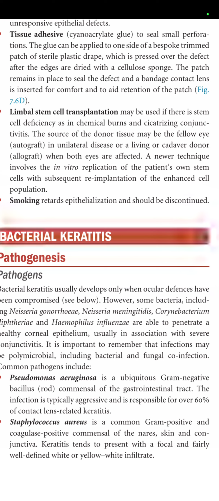Next is Staphylococcus aureus. Staphylococcus aureus is a gram-positive and coagulase-positive commensal of the nares, skin, and conjunctiva. Nares means nose. So these are commonly present around the nose, skin, and along the conjunctiva. And what does gram-positive mean?